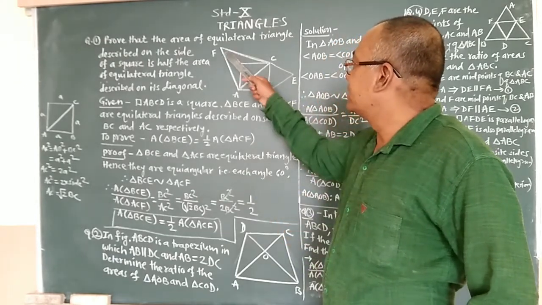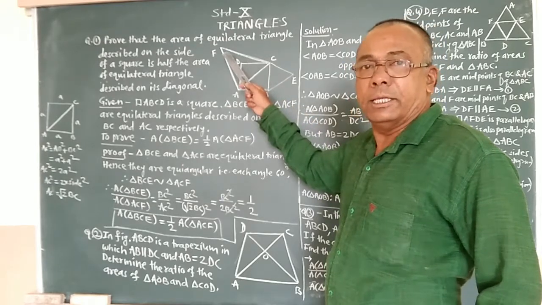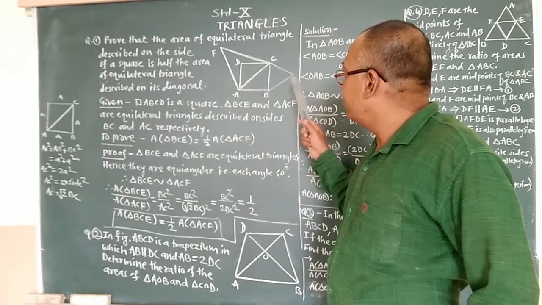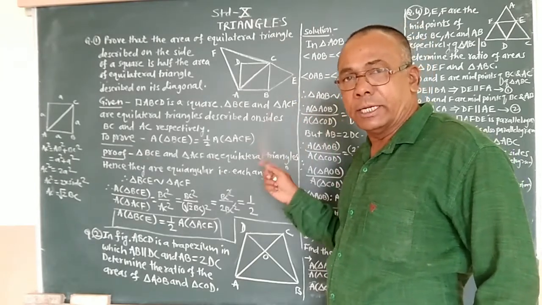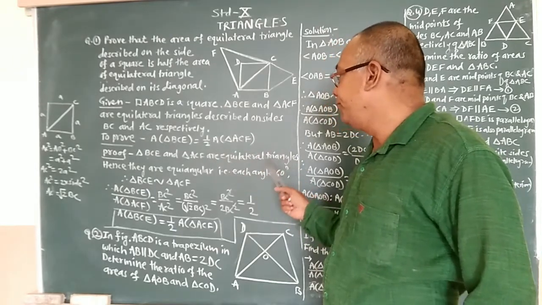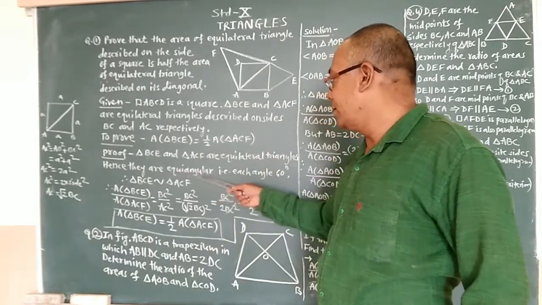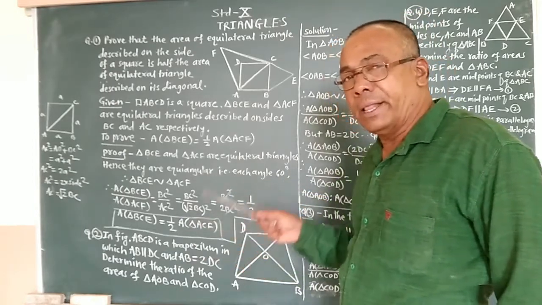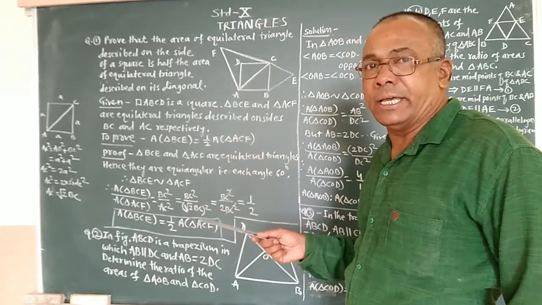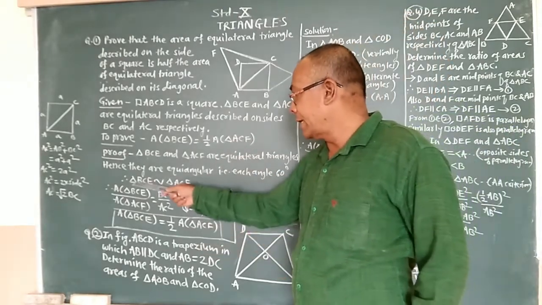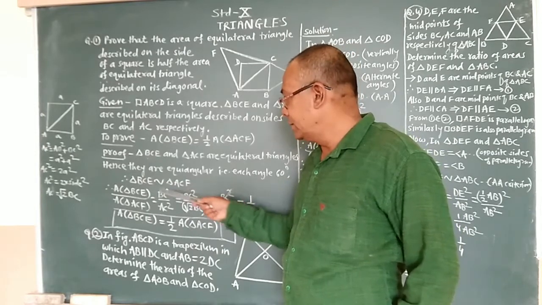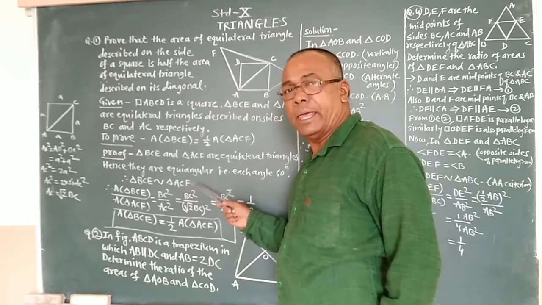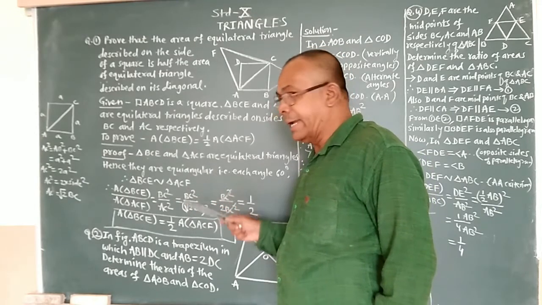So both the triangles are equiangular, means corresponding angles are equal, each angle is 60 degrees, and therefore by the AAA criterion of similarity both the triangles are similar. Means triangle BCE is similar to triangle ACF.